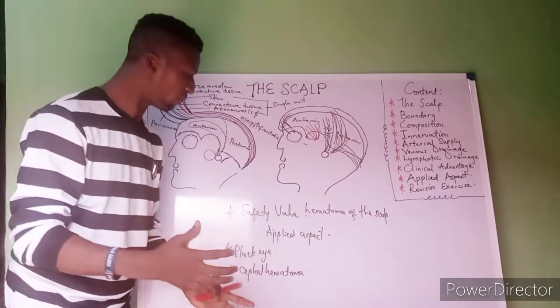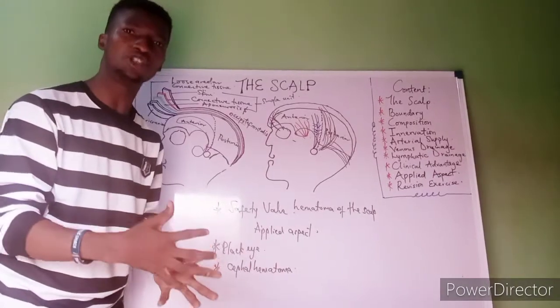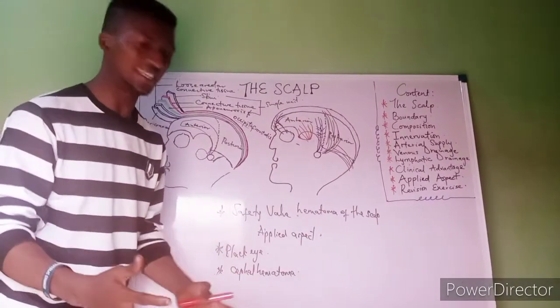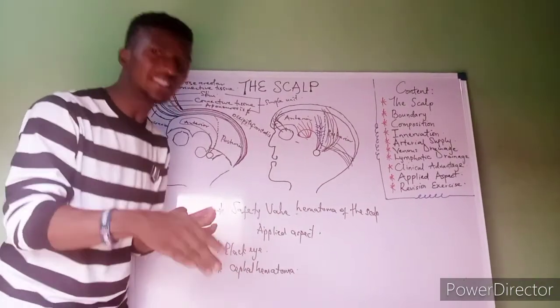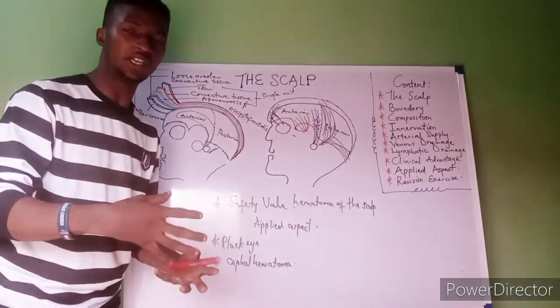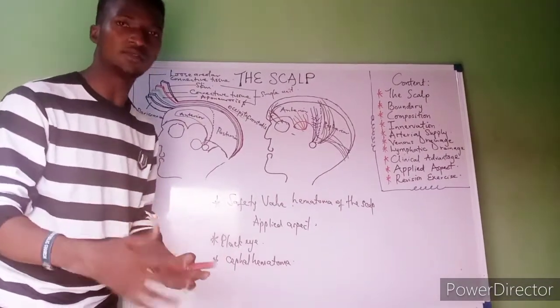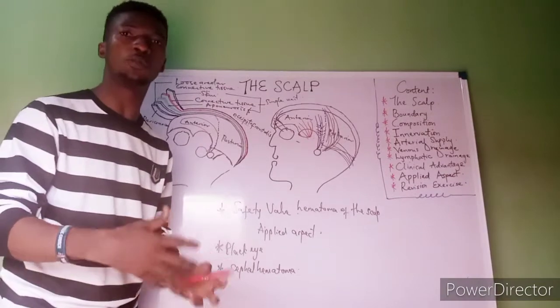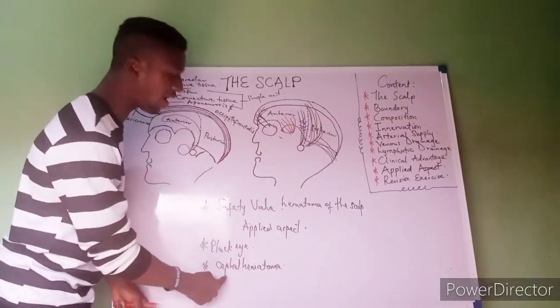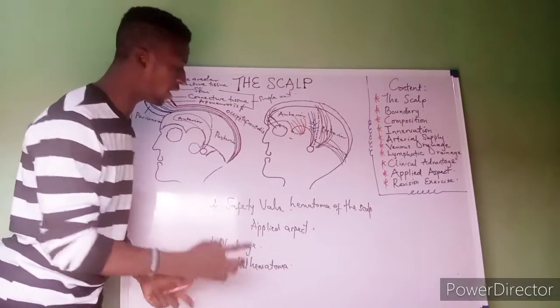But once blood spills into this region as a result of damage due to injury or accident, blood can accumulate here and it can cause herniation of the layers of the skull, or it can even cause osteoporosis of the skull bone. So this is called cephal hematoma.